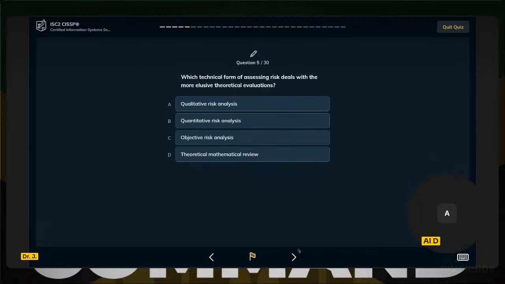All right. Which technical form of assessing risk deals with the more elusive theoretical evaluations? Okay, I kind of read that weird. Technical form of assessing risk deals with the more elusive theoretical evaluations.